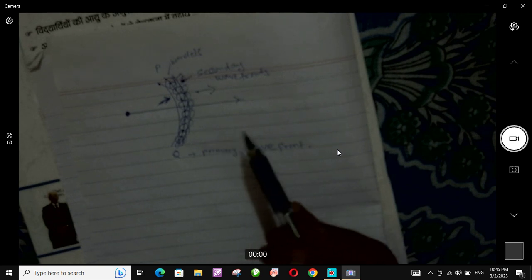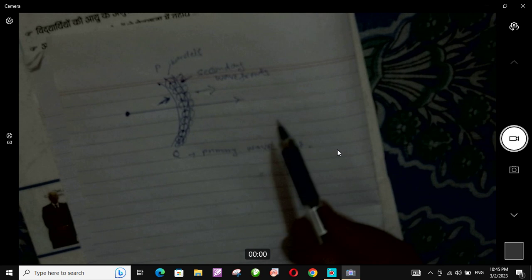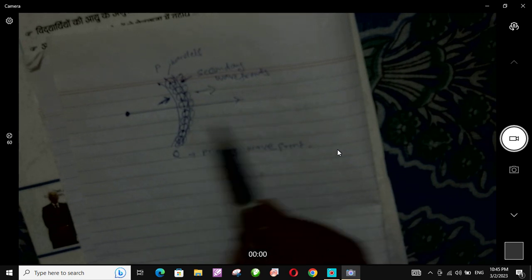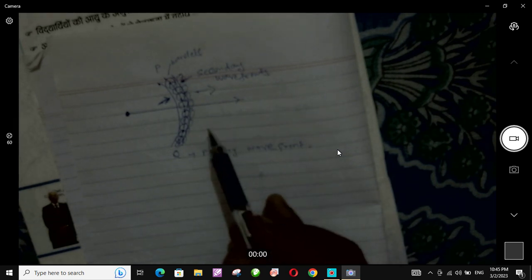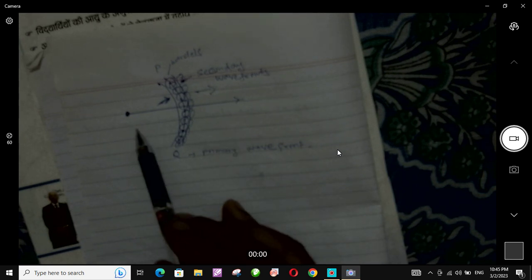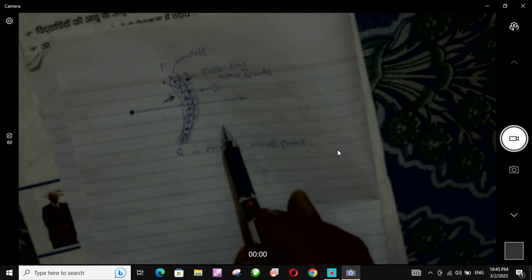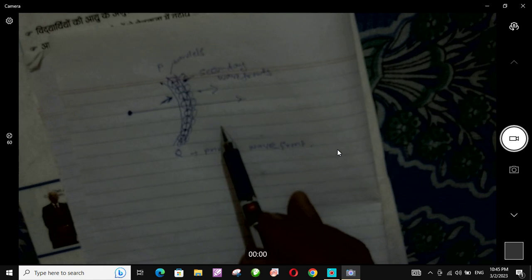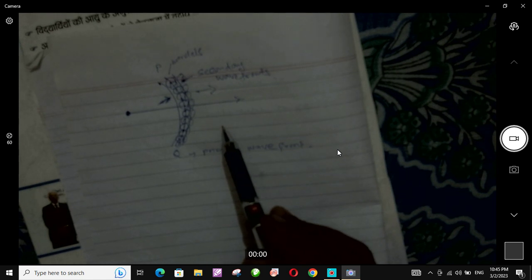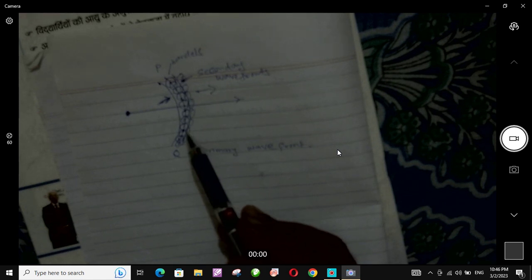So this was his theory, in which he said that each point on the primary wavefront is a source of secondary wavefront, and each point on the secondary wavefront is a source of tertiary wavefront. In this way, the wavefront spreads. When the wavefront spreads, the intensity of light goes on decreasing as we move away from the point source. After a time interval, secondary wavelets give rise to a new wavefront.